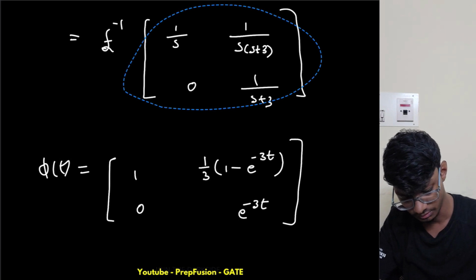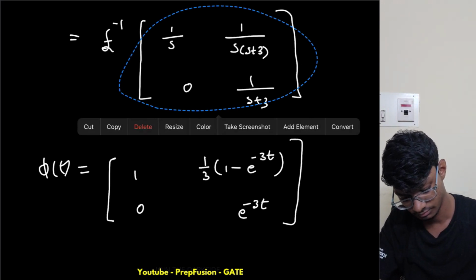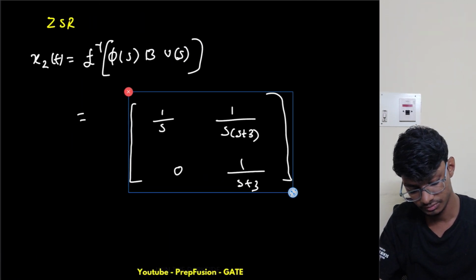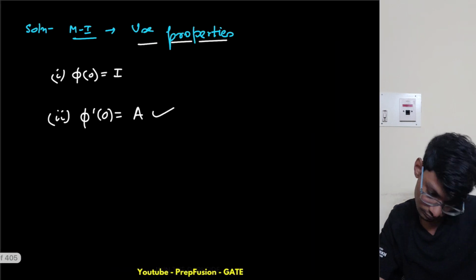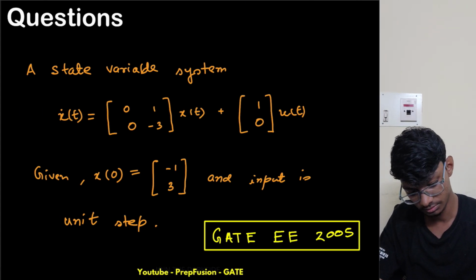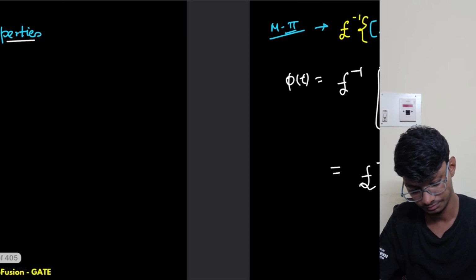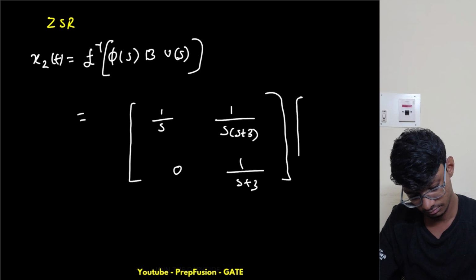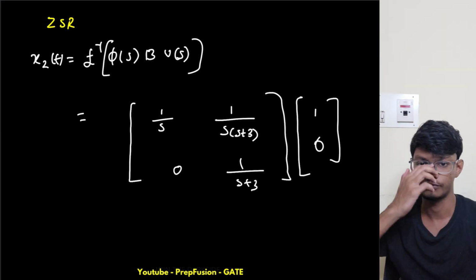I'll copy this one and multiply this with B, basically 1 comma 0, and I will do the Laplace transform of u of s.